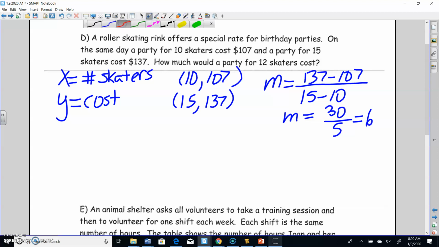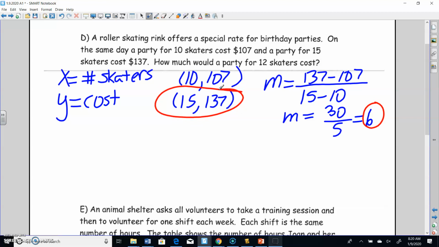What do we need to do? We want to put it in point slope form, so we need a point. So I'm going to use the second point and write my equation. So y minus y1.